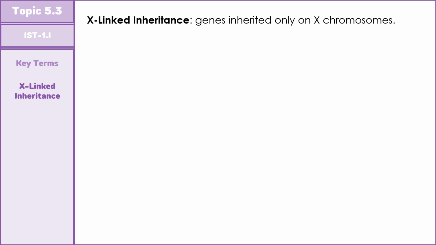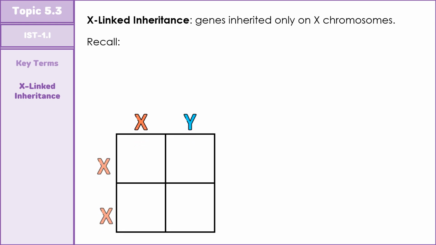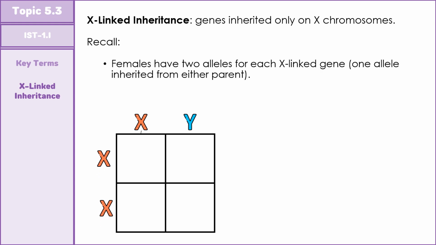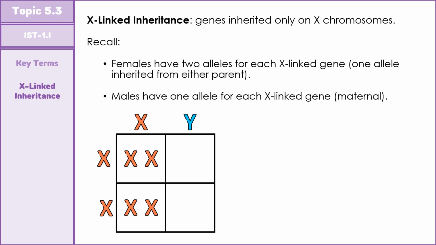So if you recall from middle school life science, females inherit X chromosomes from both parents, so they can be homozygous for that X chromosome, and males are what we would term hemizygous because they have two different chromosomes, not just two different alleles.